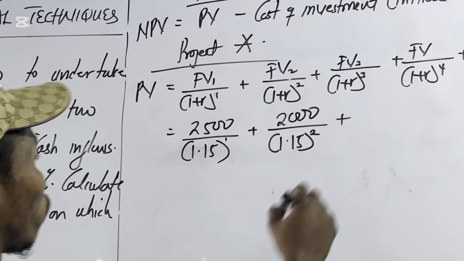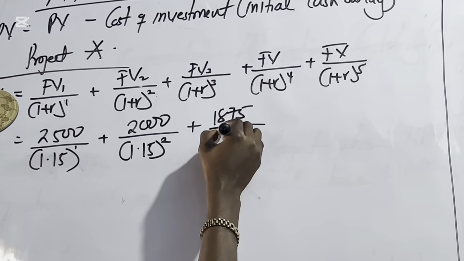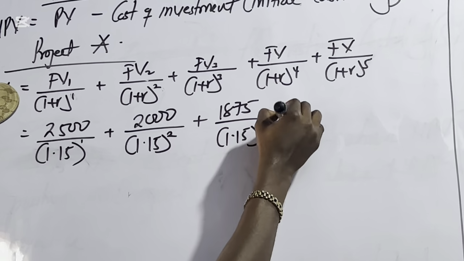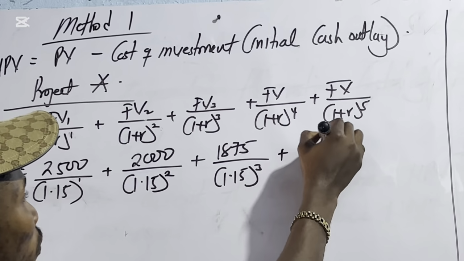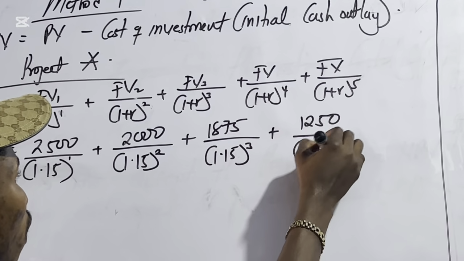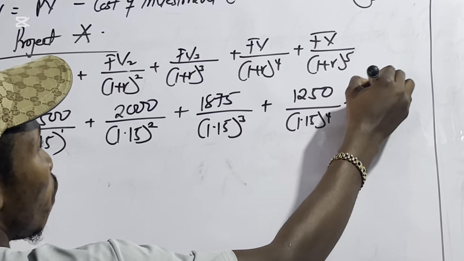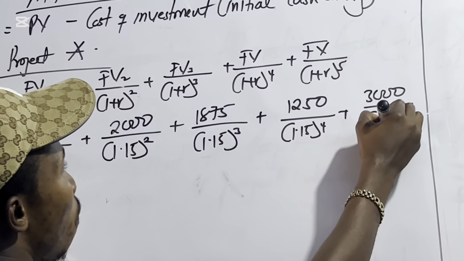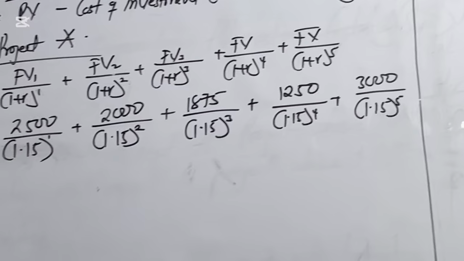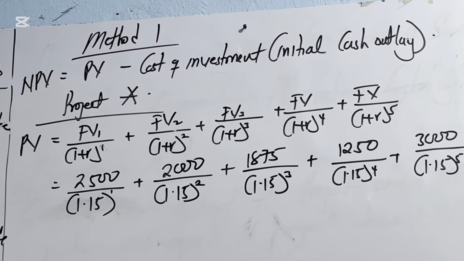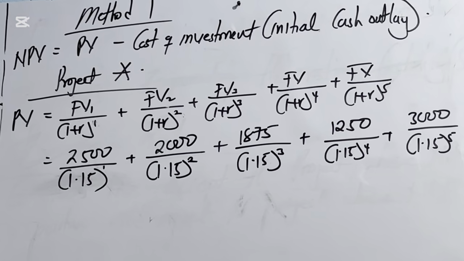Then year 3, we have 1875 over 1.15 raised to the power 3. Year 4, we have this over 1.15 raised to the power 4. Then here we have 3,000 over 1.15 raised to the power 5, in that order. So let's put everything in our calculator.